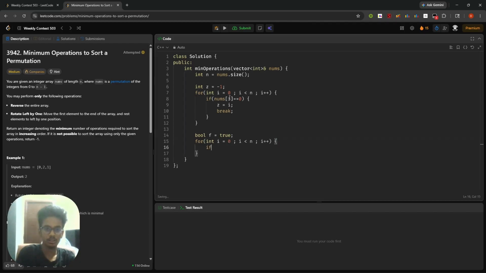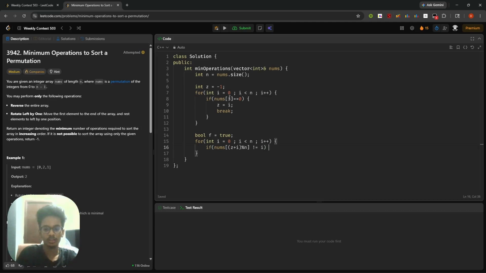If it's a forward cycle, nums of z plus i, if I take a cycle over it, modulo n, if it's not equal to i, that means it's not a forward cycle. Because we are dealing with a permutation, this thing is true. So if the cycle starting from 1 is not equal to i, that means it's not a forward cycle.